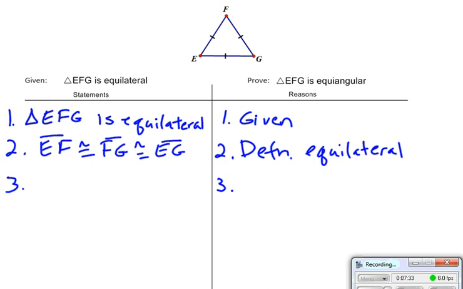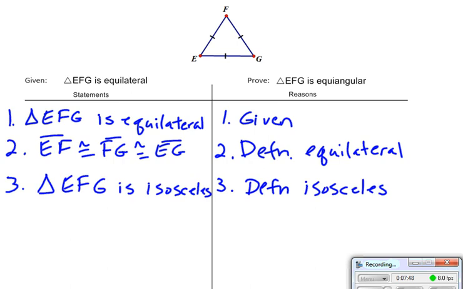Based on what I said earlier, we can also call this triangle isosceles because it does meet the definition of isosceles, which will allow us to choose any two sides and use our isosceles theorem to get their opposite angles congruent. Let's follow how that works.